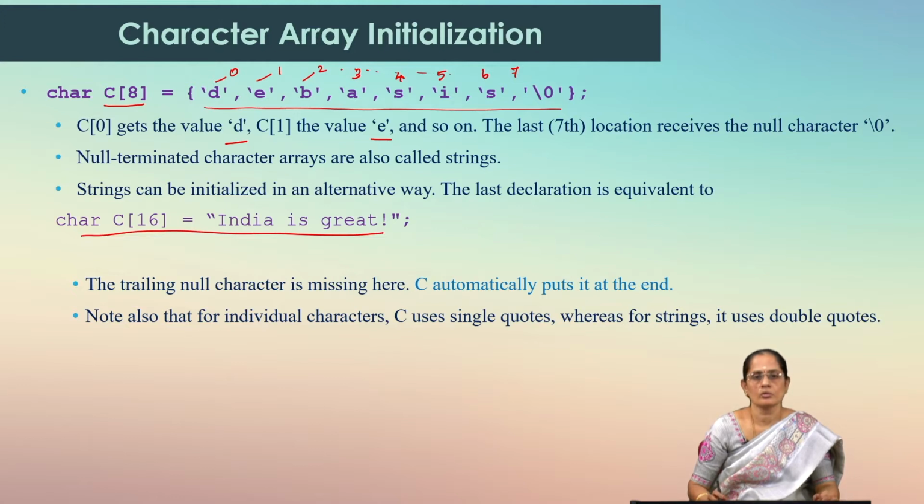So, this also is a way that the strings can be initialized with values. Note that for individual characters C uses single quotes, whereas for strings it uses double quotes. Whatever be the way that the strings are initialized, C will automatically store the null character at the end of the string.